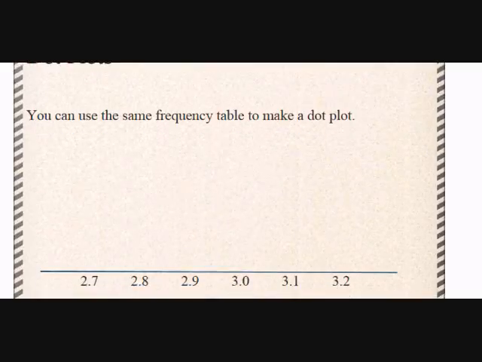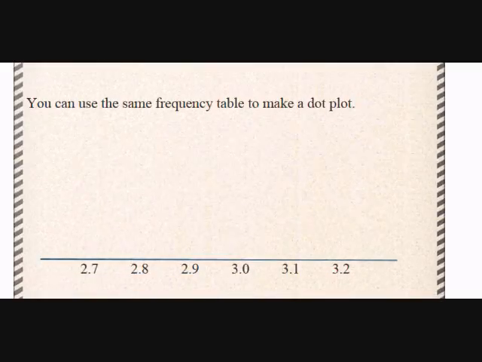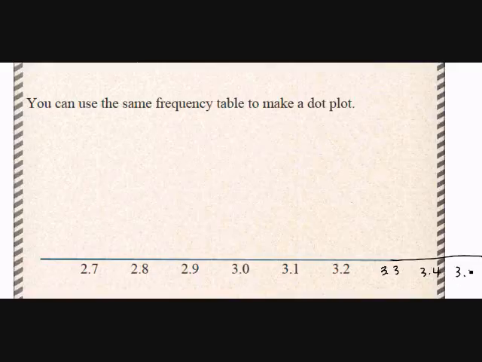So for a dot plot, you need some kind of vertical scale. On my scale, I'm going to round everything to the nearest tenths. Actually, I'm going to get all the $2.70 things in one column. So now I've made my scale 2.7, 2.8, 2.9, 3.0, 3.1, 3.2, 3.3, 3.4, and 3.5s.